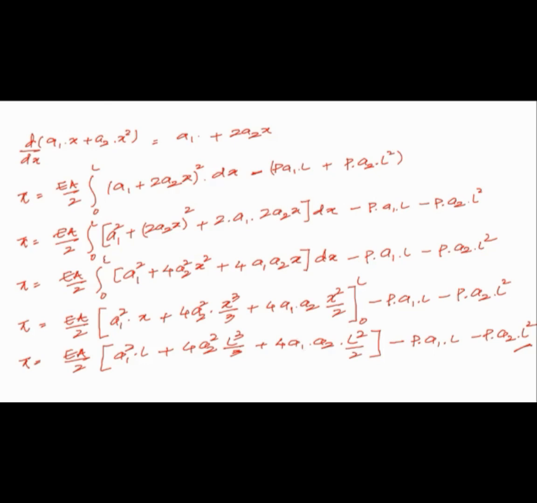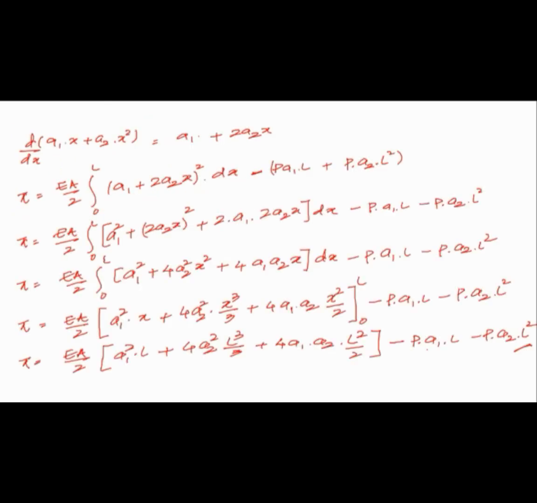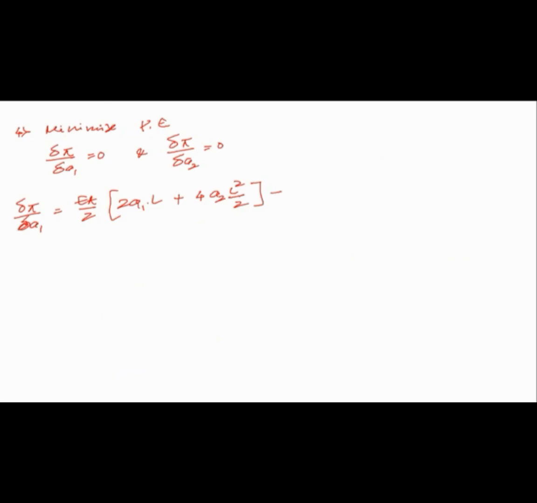Here I have a1, so differentiating this term with respect to a1 is 1. Remaining constant terms are 4 a2 L square by 2. Then minus, differentiation with respect to a1 is 1, the remaining term is PL, and this a2 term is a constant, so this will become 0. Therefore, it is minus PL equated to 0.